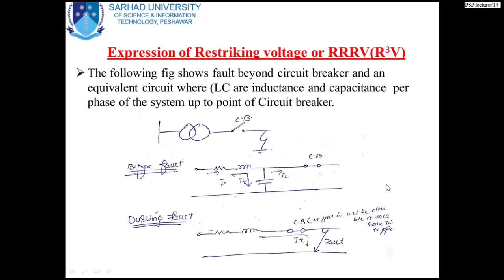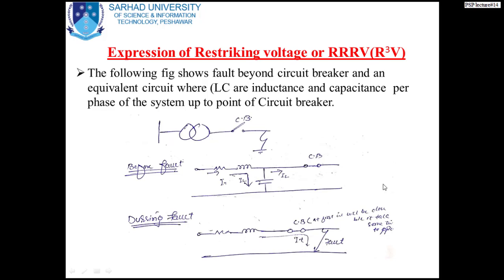Now, gentlemen, we have already defined this term. We have defined the arc voltage, the recovery voltage, and the restriking voltage. This is with reference to the previous lecture, lecture 13, where we also drew the graph of the RRV.